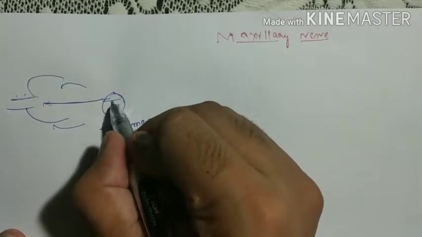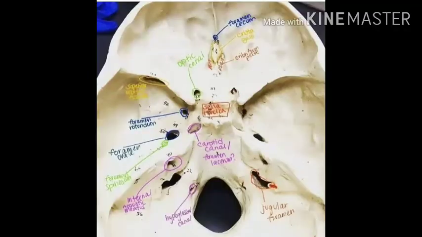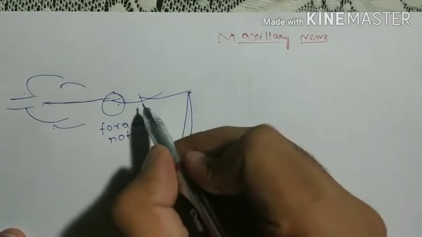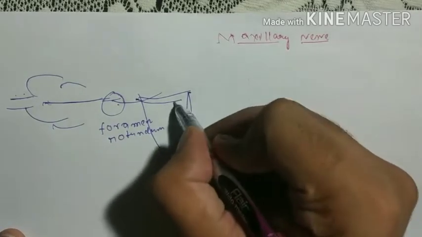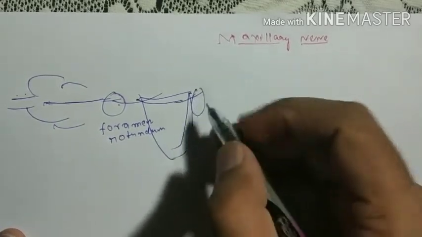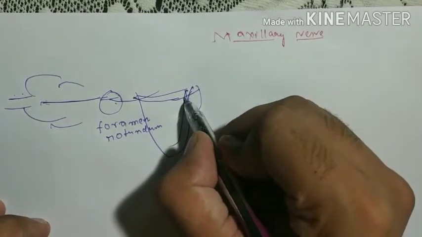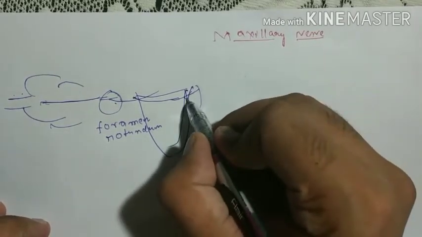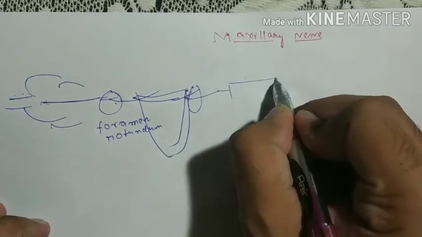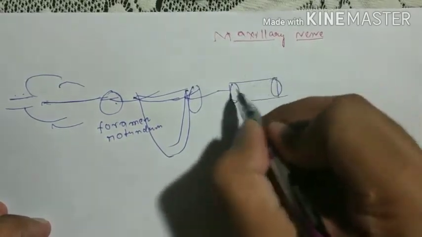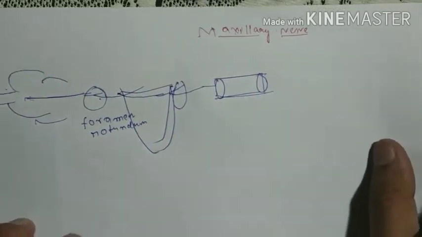And then it enters the pterygopalatine fossa, which is basically pyramidal in shape, and then it suspends the pterygopalatine ganglion, and continues via the inferior orbital nerve.